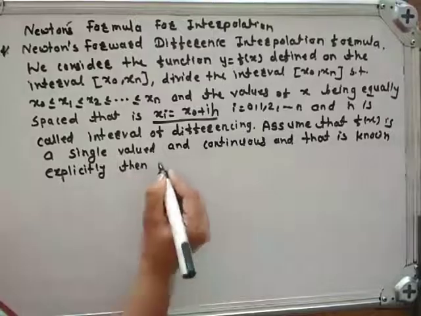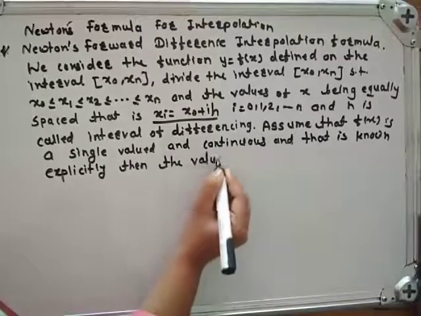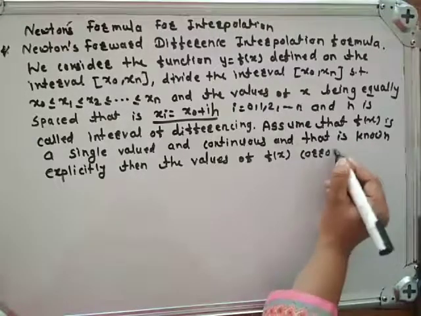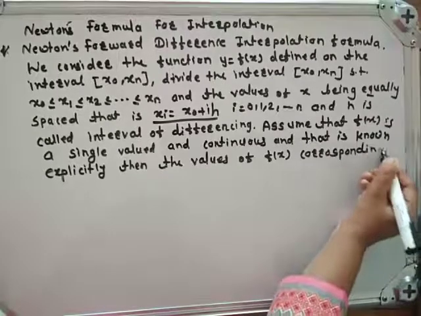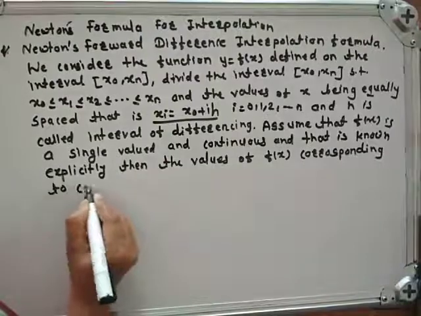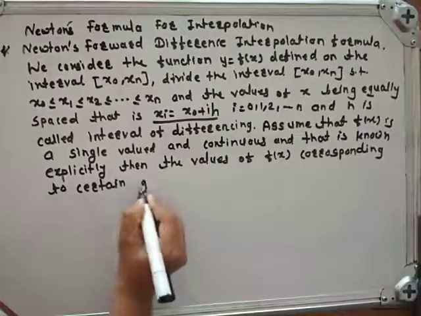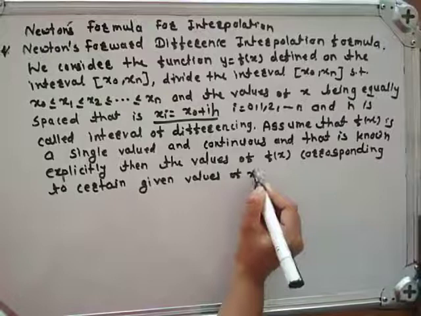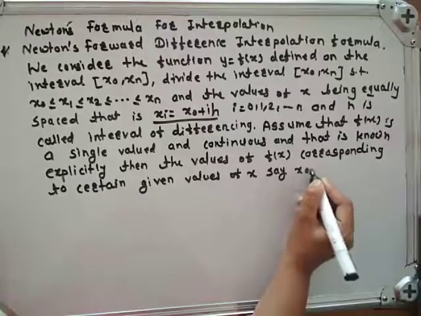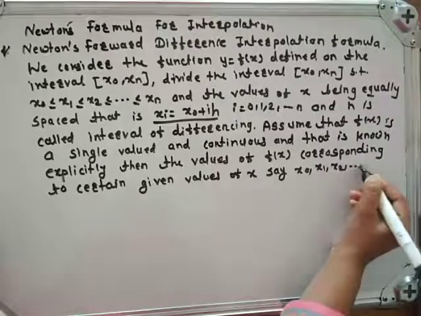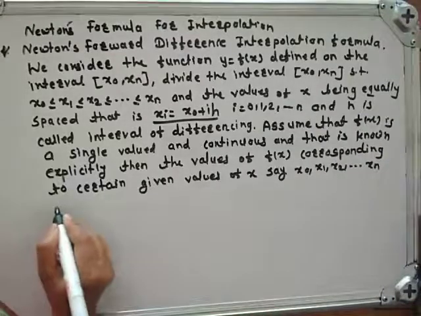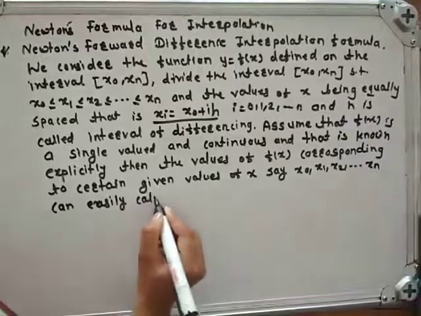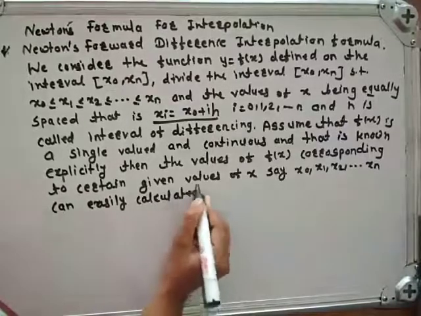Then the values of f of x corresponding to certain given values of x, say x0, x1, x2 and so on, xn, can easily be calculated and tabulated.